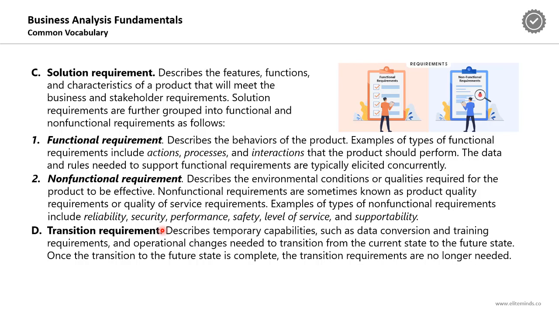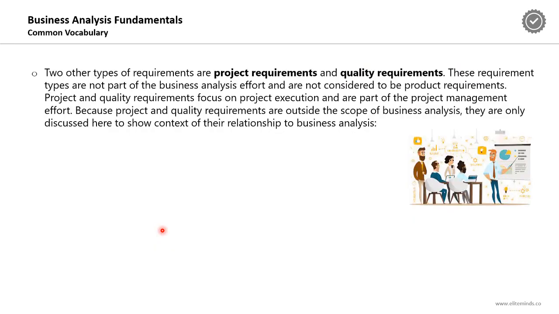They will be used only in the transition phase, such as data conversion and training requirements and operational changes needed to transition from the current state to the future state. Once the transition to the future state is complete, the transition requirements are no longer needed. This is why they are described as temporary capabilities.